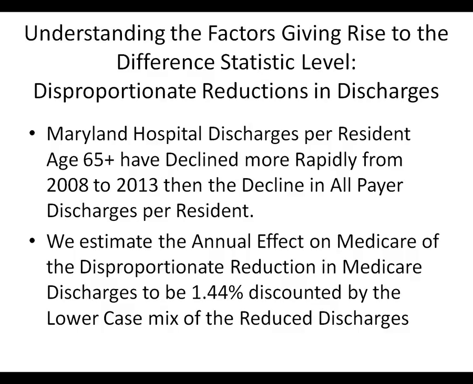We calculate this effect on the assumption that the discharges had the same average case mix as the folks who remained in the hospital, and that hypothesis is obviously incorrect, so we'll have to adjust for that at the end. But let me turn to page 16 where we do this calculation.